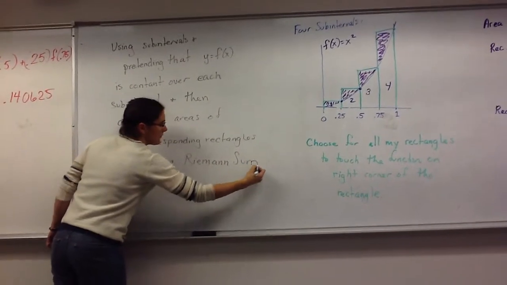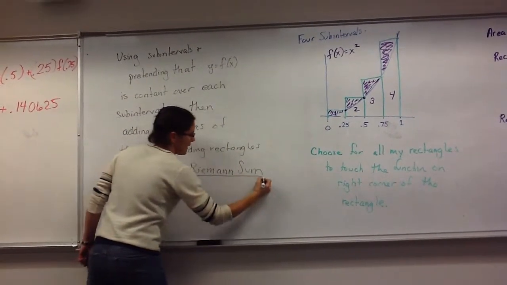And Riemann is the name of a mathematician. It's R-I-E-M-A-N-N.